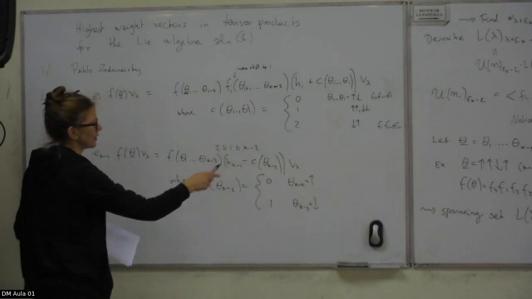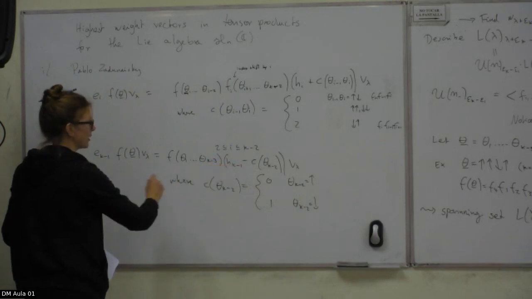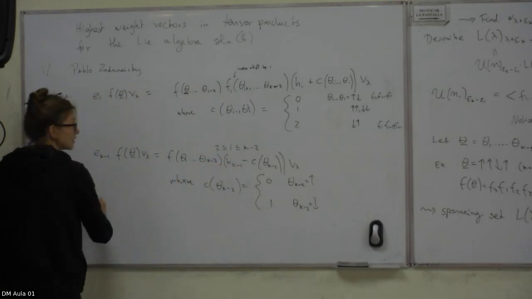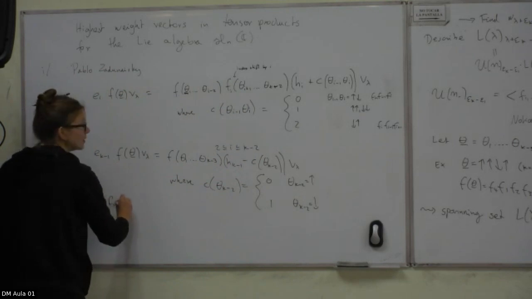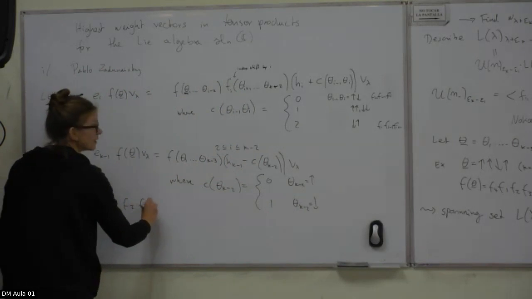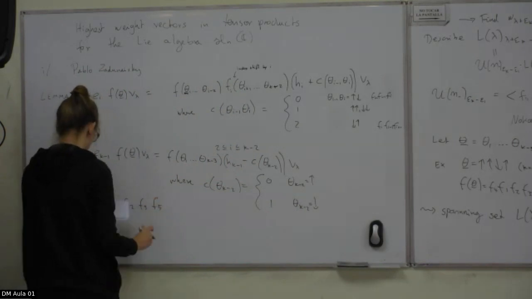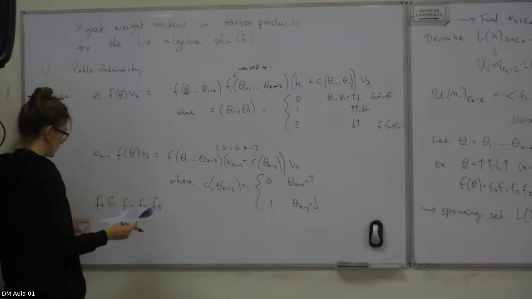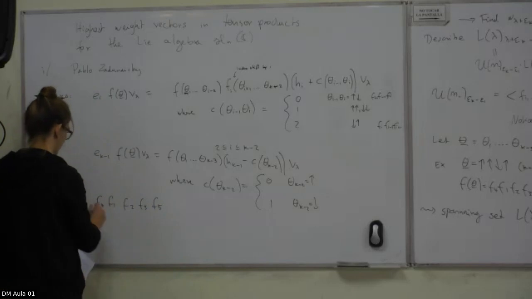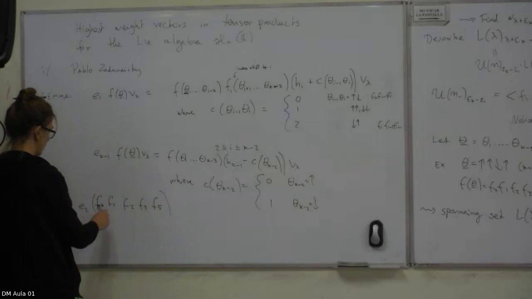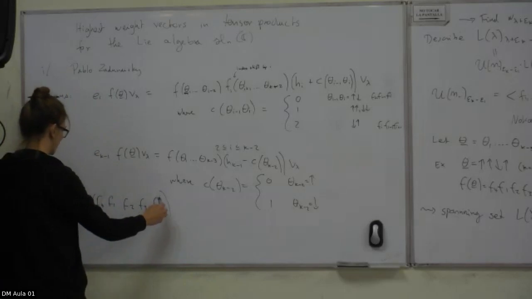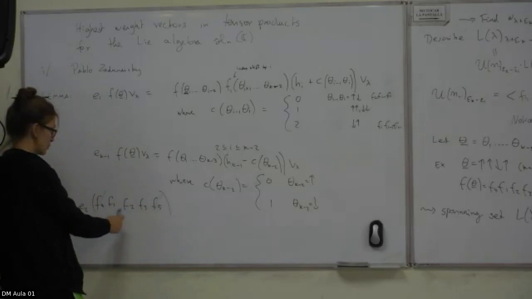So when we look at our little example that we had before, F4, F1, F2, F3, F5, and when we want to hit it with, say, E2, then E2 doesn't care at all about this part or that part. It only cares for this bit.